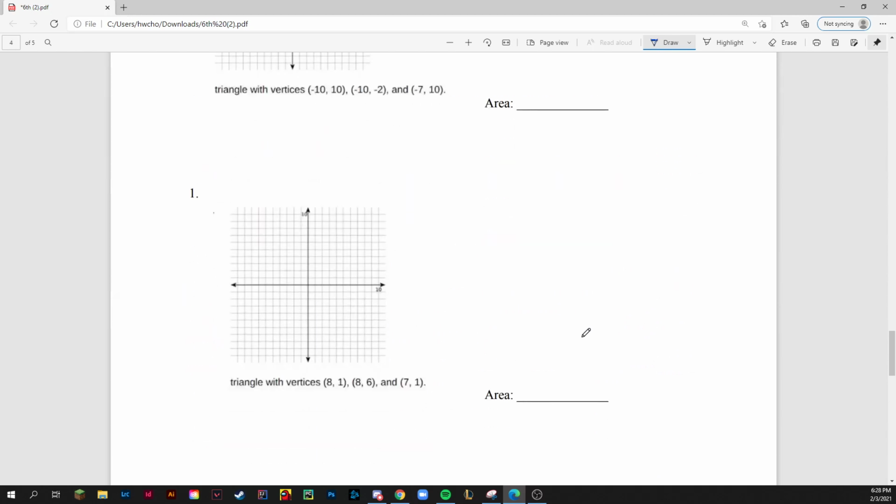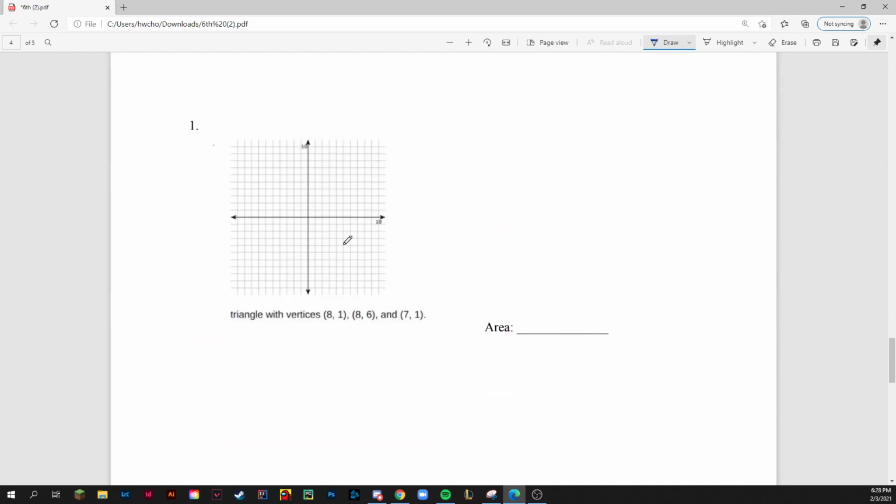Alright, I'll just do the last problem here since all of it is just graphing. So this is 10, 9, 8, 1, 8, 2, 3, 4, 5, 6, and 7, 1. Right here. So it's going to be a smaller triangle.